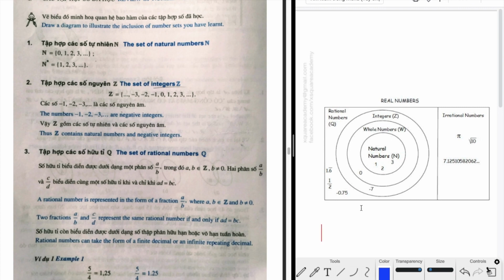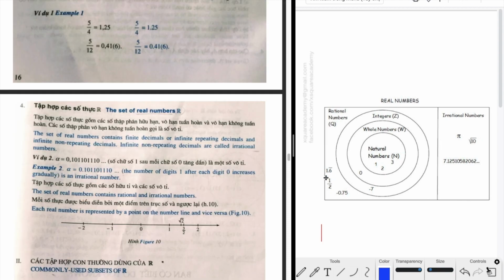The rational numbers contain integers and numbers like 1/2 and infinite repeating decimals, and real numbers include rational numbers Q and irrational numbers like pi or square root of 10 or 7 point with a lot of digits behind the dot sign.